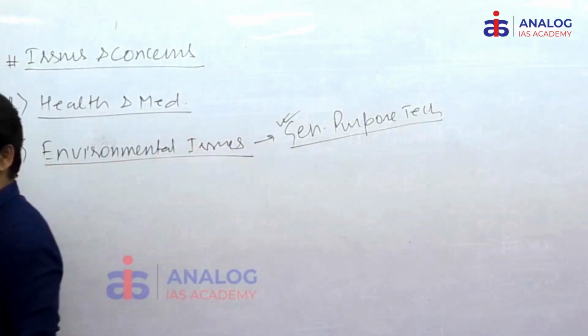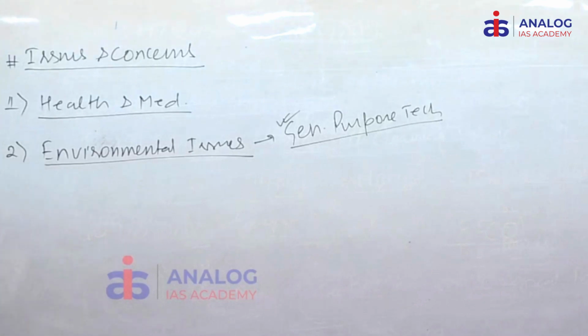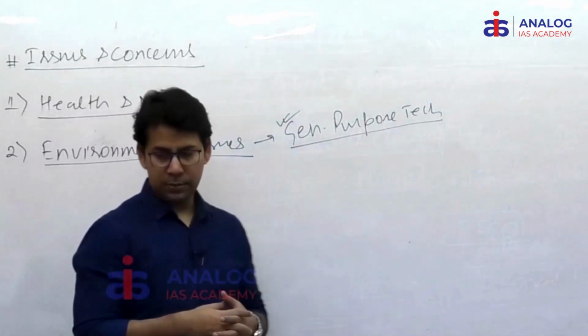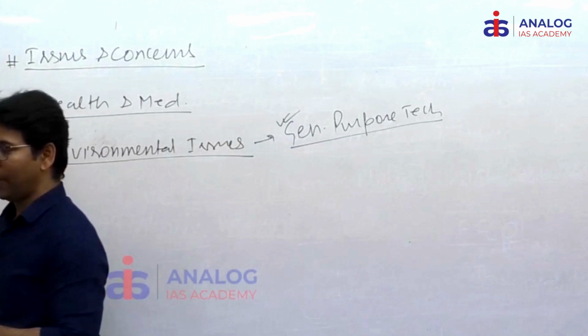Second, you go right: nanomaterials might enter into the food chain, and it can have an adverse effect on biodiversity.